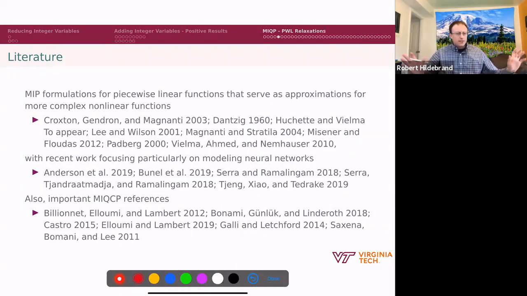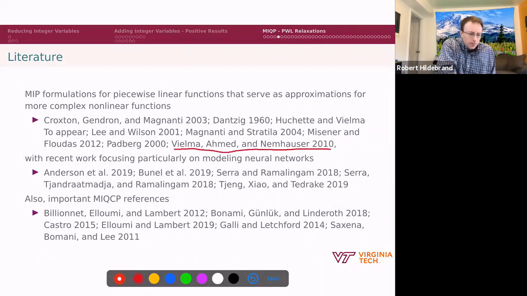There's also a handful of work I should mention about piecewise linear functions and modeling non-convexities. The main thing I want to mention, that I'll talk about later, is this paper by Juan Pablo and Shabir and George that create compact piecewise linear formulations. And we'll see how that connects to the formulation we're going to look at today.